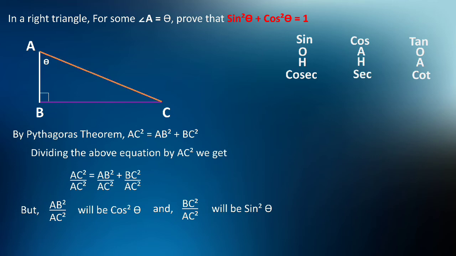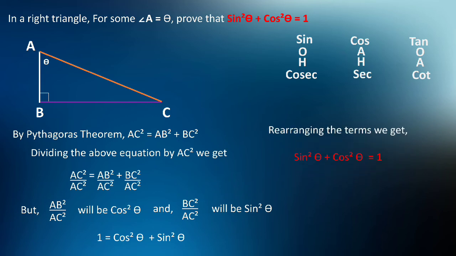The trigonometric function relating opposite and hypotenuse is sine, and since there is a square, I'll write sine square theta. So if you look at the second step again, AC square upon AC square becomes 1, and the other terms become cos square theta plus sine square theta. Just by rearranging them, it is sine square theta plus cos square theta is equal to 1.